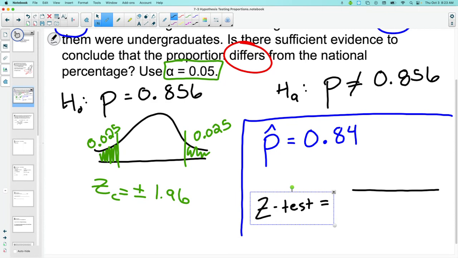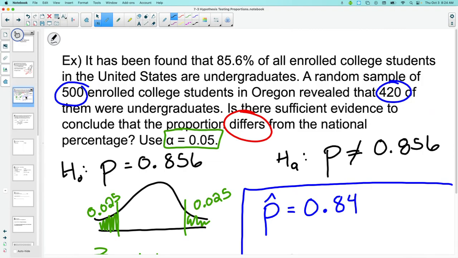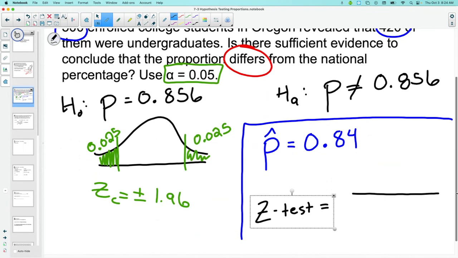The numerator is we're just going to find the difference between what we found, our 84%, and what the claim is, 85.6%. That numerator is just, what's the difference between those two things? How far apart is the one that I found and the other one? There's probably going to be a difference.